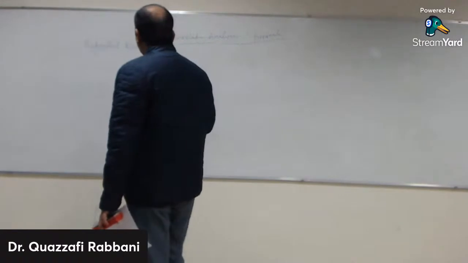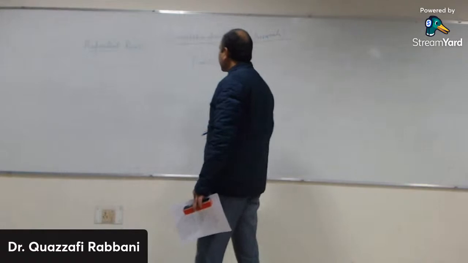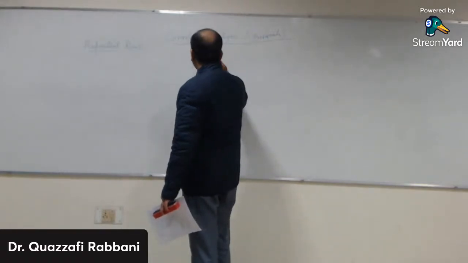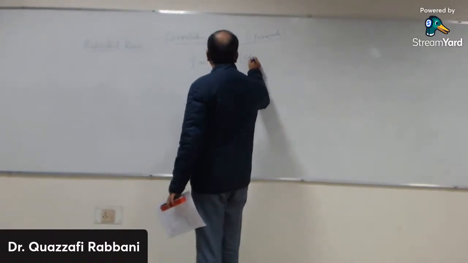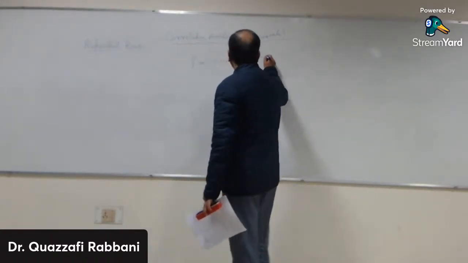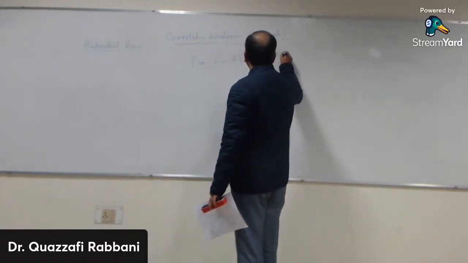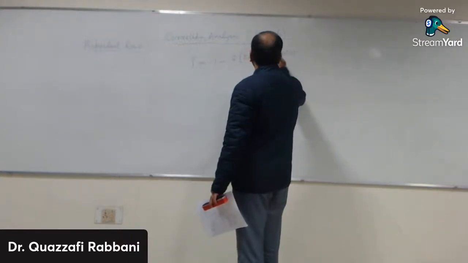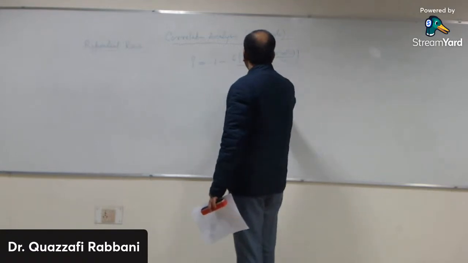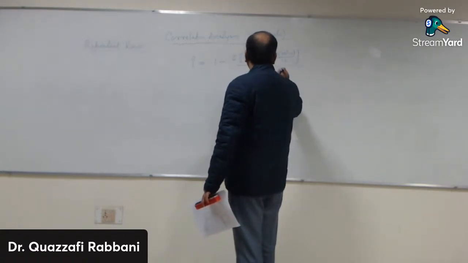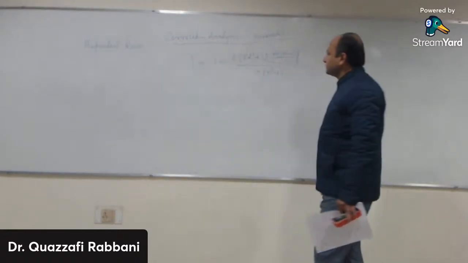In that case there is a slight modification in the formula: rho is equal to 1 minus 6 into summation d square plus summation m into m square minus 1 divided by 12, divided by n into n square minus 1. Only this term is added in the numerator.